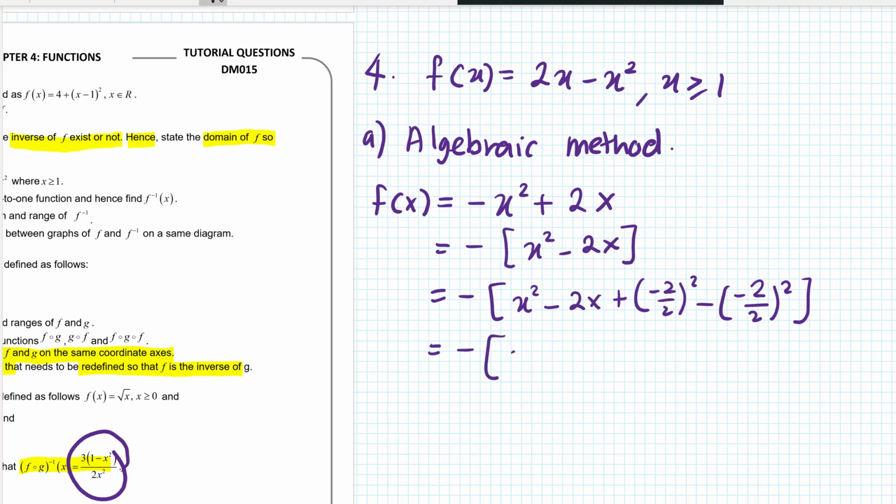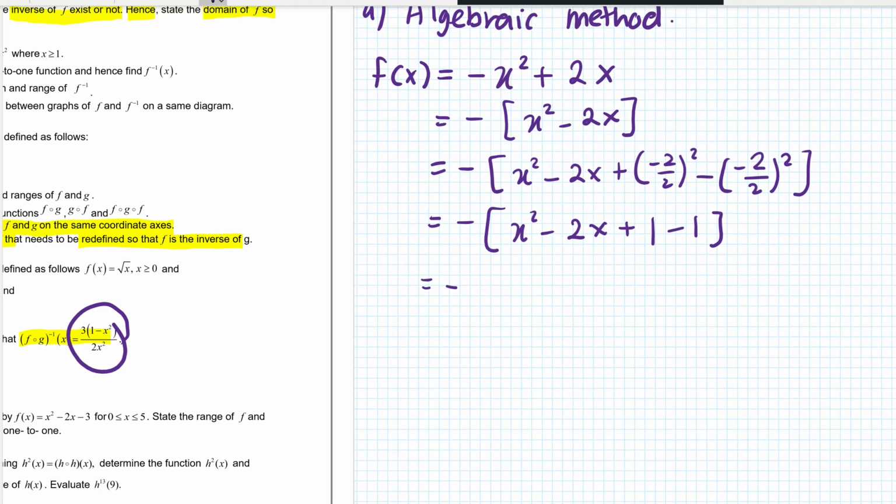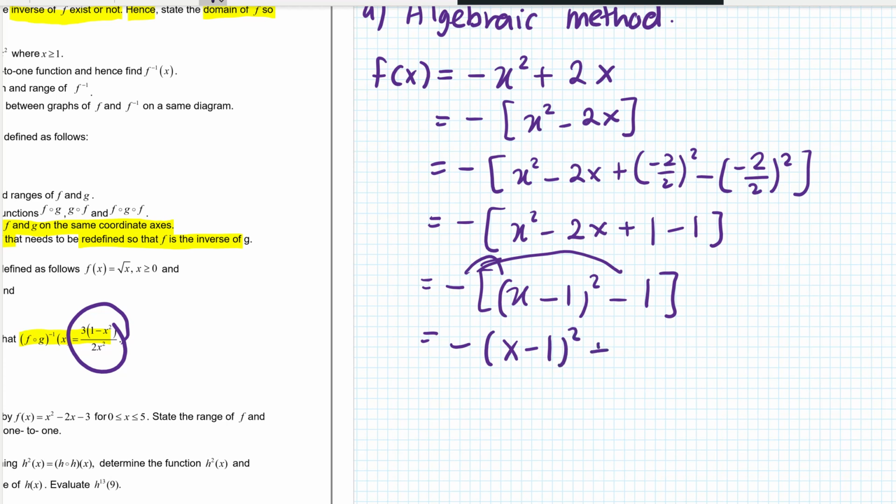So this is equal to x squared minus 2x plus 1 and then minus 1. So this is equal to negative (x minus 1) squared minus 1. Then we expand the negative part, so we have negative (x minus 1) squared plus 1. So this is our f(x).